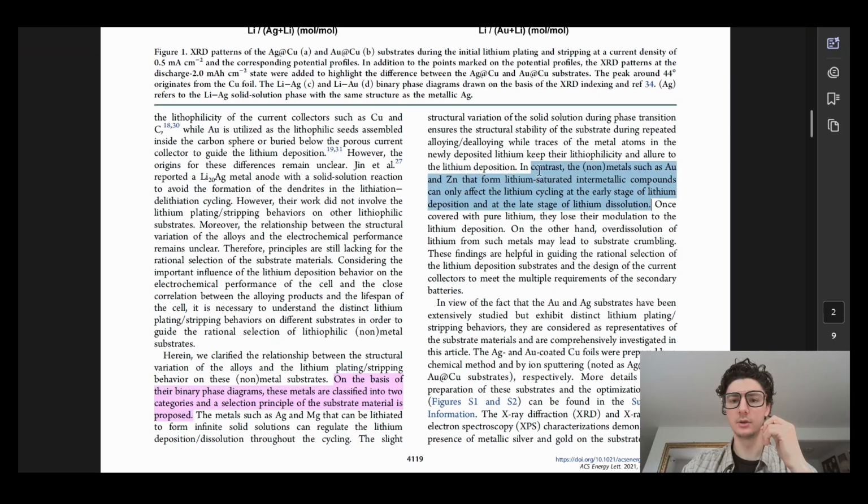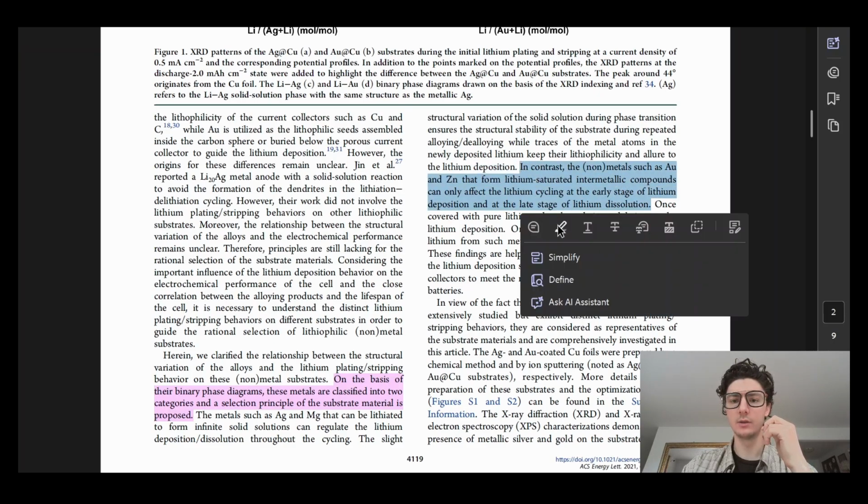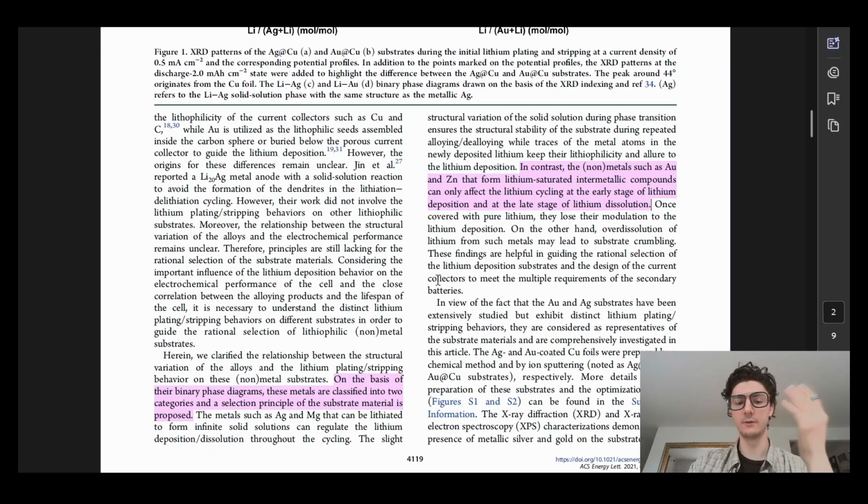Interesting. So I'm going to highlight this as well because this is kind of explaining why they're different. This is also explaining why they're different, but since I have two highlighted things here, the stuff sandwiched between the two highlighted things is also pretty important. I just don't want to highlight the whole article. I want to highlight key bits of important info that I can jump back to after I read this article.